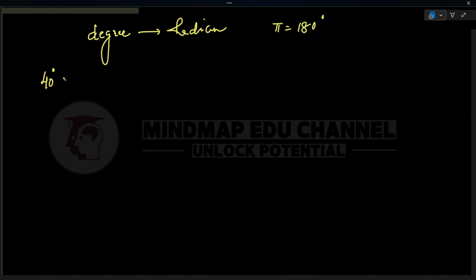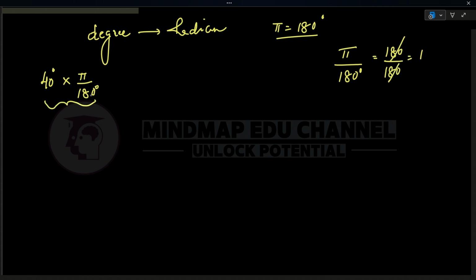We are going to multiply it by pi over 180 degrees. Now, why? When you multiply by pi over 180 degrees, pi means 180 degrees, as we just learned. So 180 degrees over 180 degrees gives 1. We are not changing the value here. We are changing the unit.